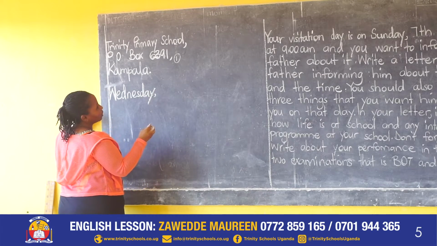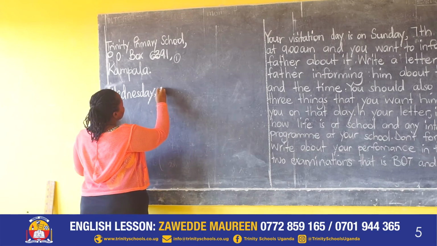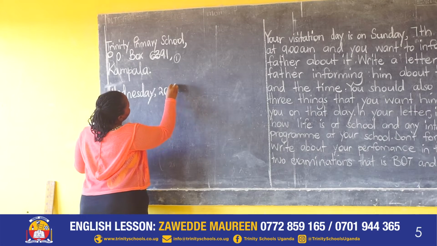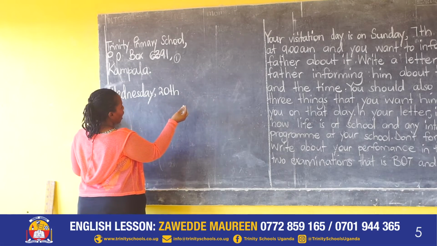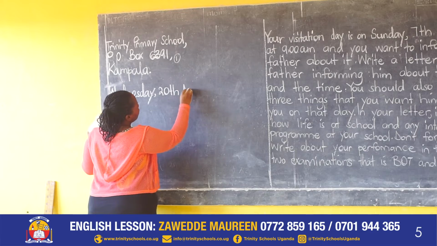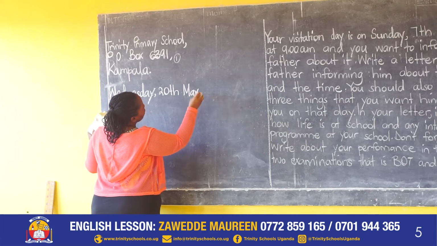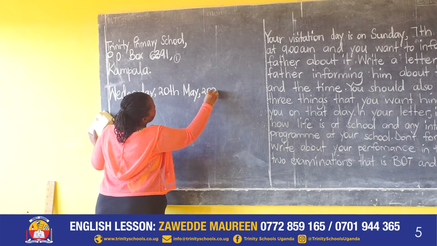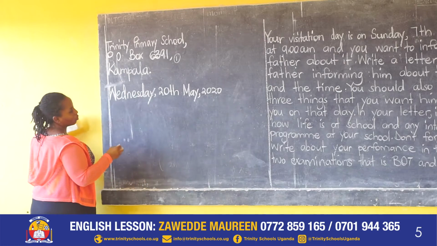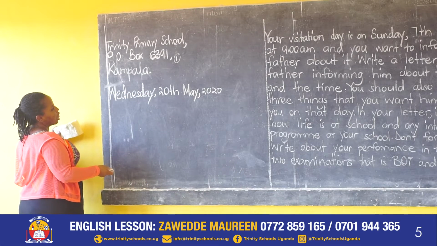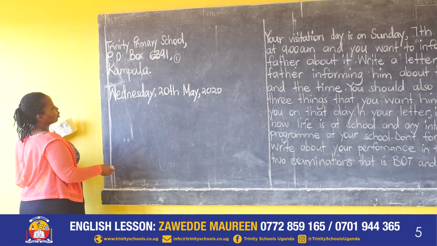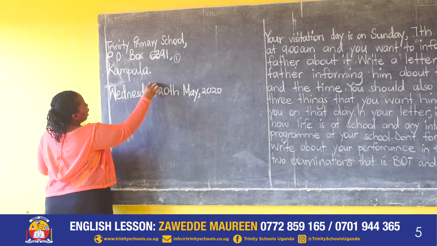Wednesday, 20th. Make sure you write the month and the day in words. 20th May, you put a comma, 2020. Don't put a full stop. Then we go into the salutation. Here I'm also getting half a mark.